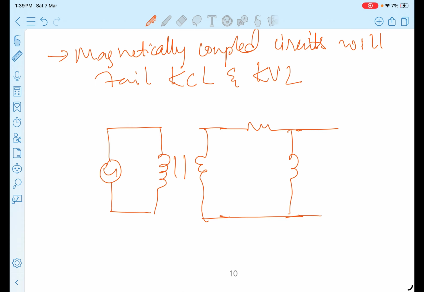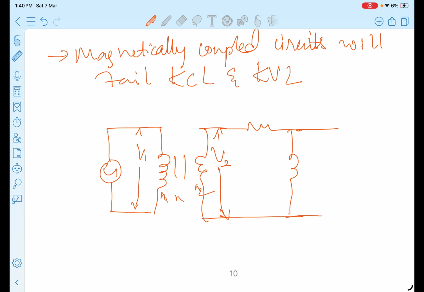In this circuit, if the voltage applied is V1, because of the number of turns N1 and N2 we will have a different voltage V2, right? V1 is different than V2.